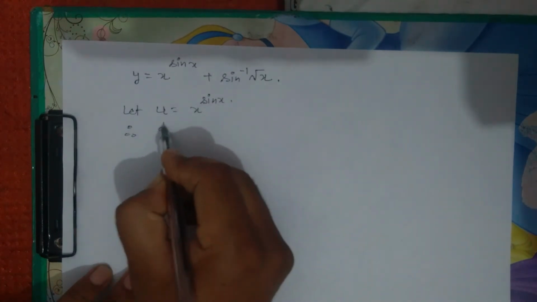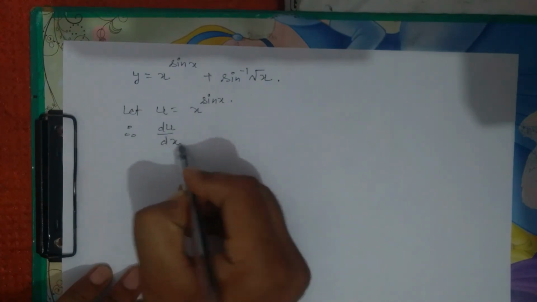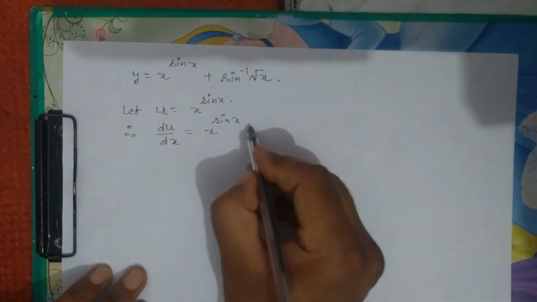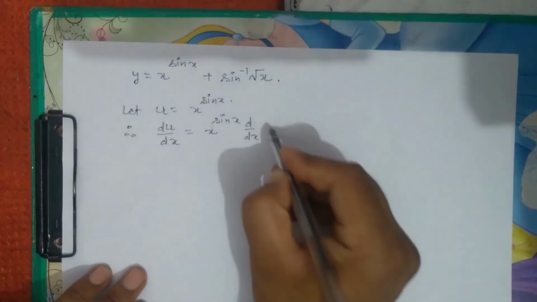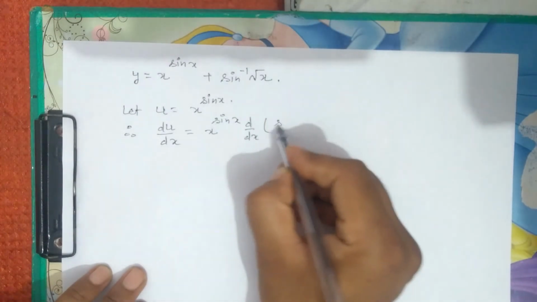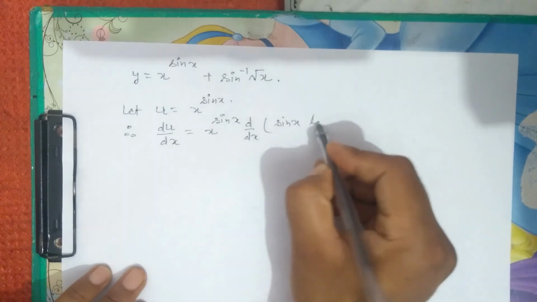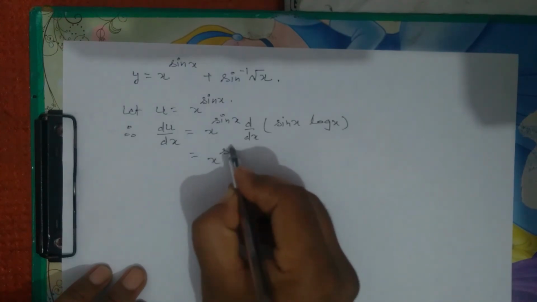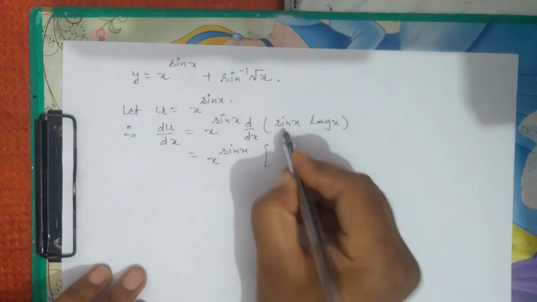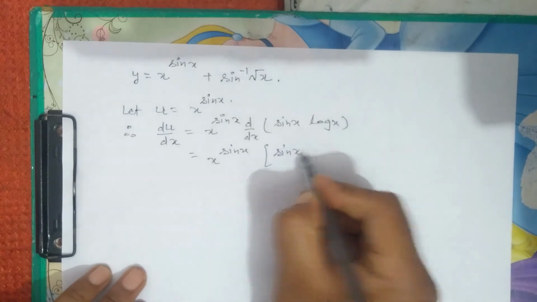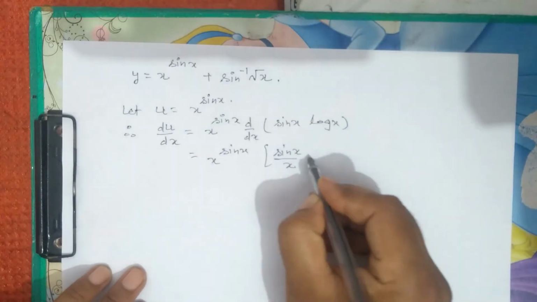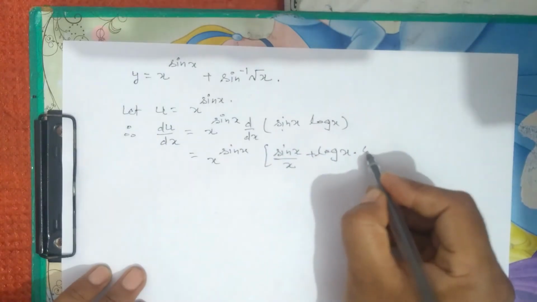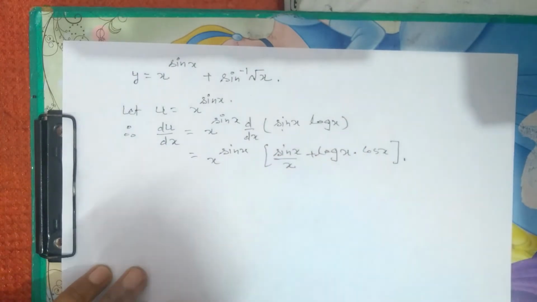Therefore, du by dx is equal to x raised to power sin of x into the derivative with respect to x of sin of x into log of x, which becomes x raised to sin of x into first function, derivative of log x is 1 upon x, plus second function, derivative of sin x is cos x.